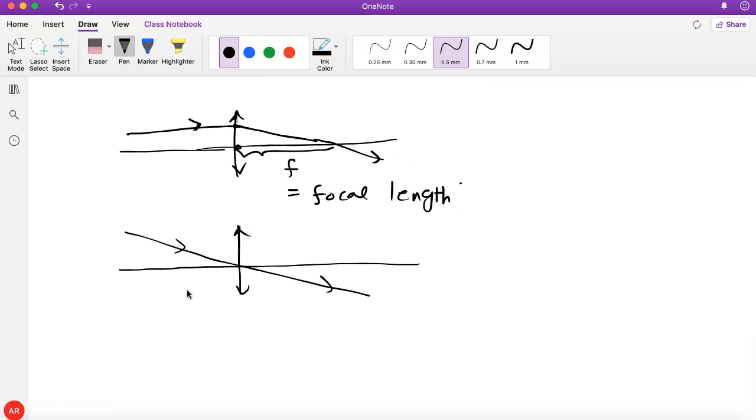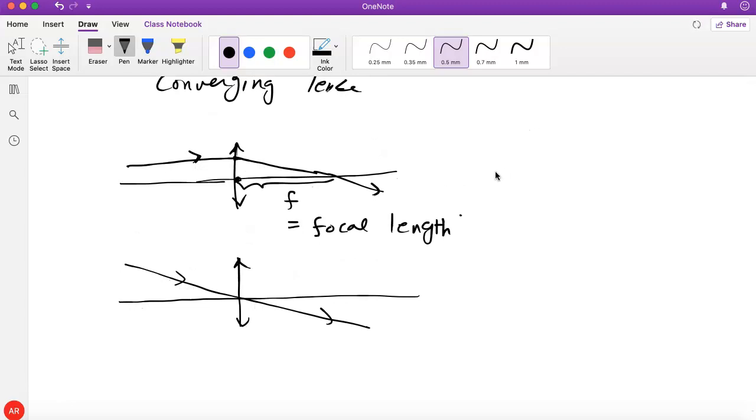And the lenses behave in a symmetric way. So if you have, for example, a ray going through the focal point here, you can just change the direction, and then it becomes parallel to the symmetry axis. And of course the behavior is symmetric from left and right.